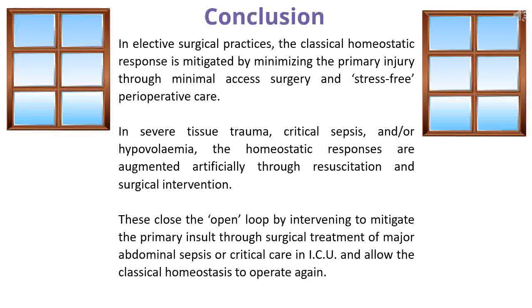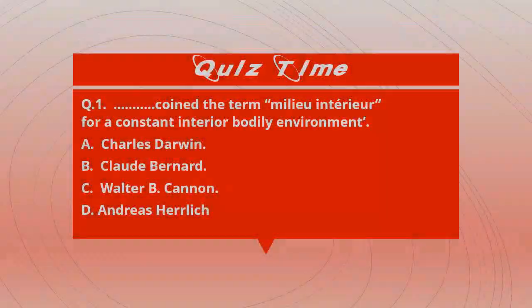For example, through surgical treatment of major abdominal sepsis or by providing organ support in ICU respectively. These modern interventions close the open loop and bring the patient back to a situation in which classical homeostasis can operate to achieve a return to normality.